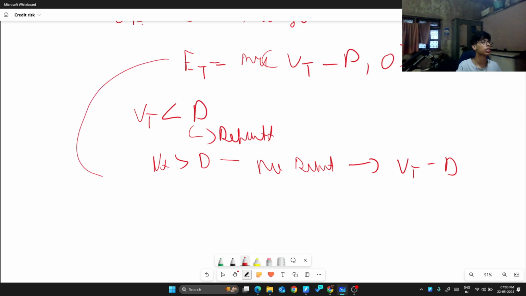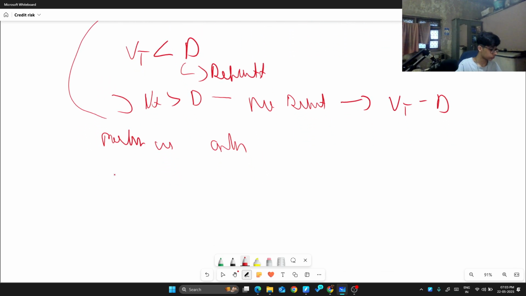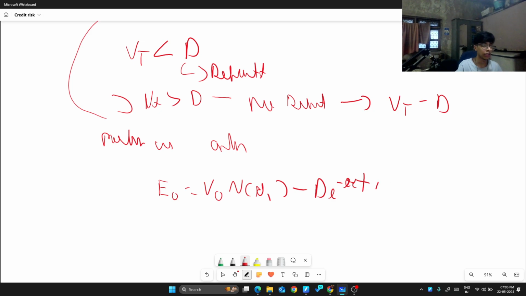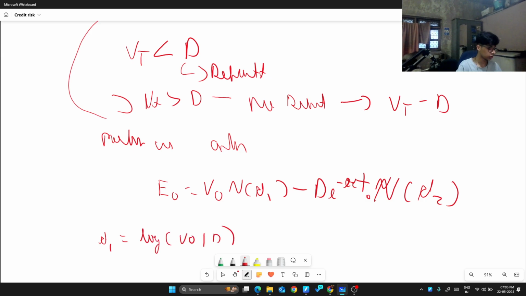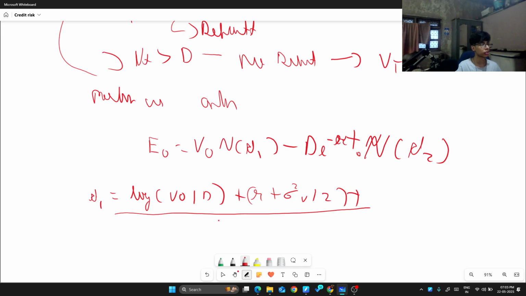So our final equation is this, and if we apply the Merton formula and treat it as an option, then our formula is E0 equals V0 N(d1) minus D e^(-rT) N(d2), where d1 equals log of V0 upon D plus r plus sigma squared V upon 2, times T. Simple Black-Scholes formula.